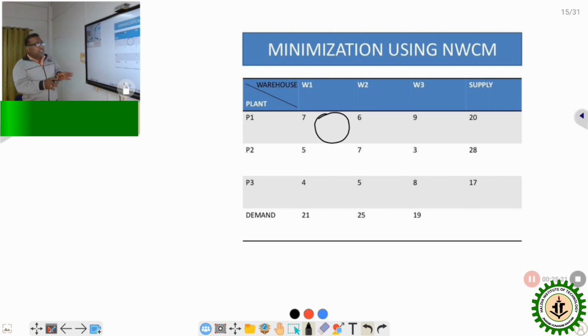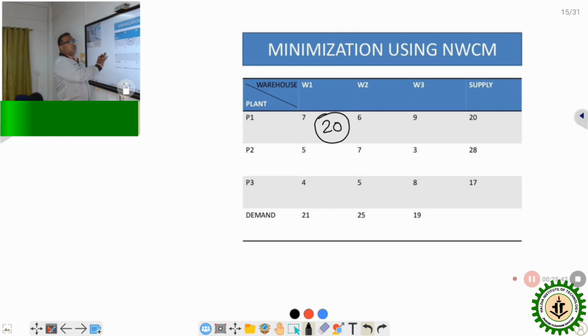Now the question is what amount we will transport here? The available amount is 20, the demand amount is 21. So maximum 20 unit we can transport from origin 1 to the destination 1.